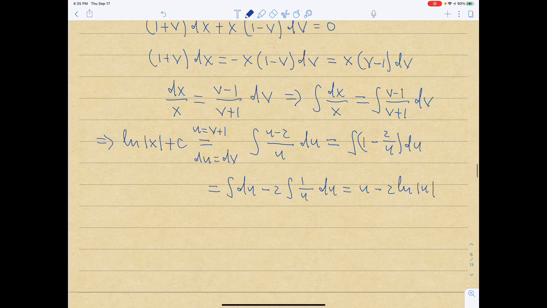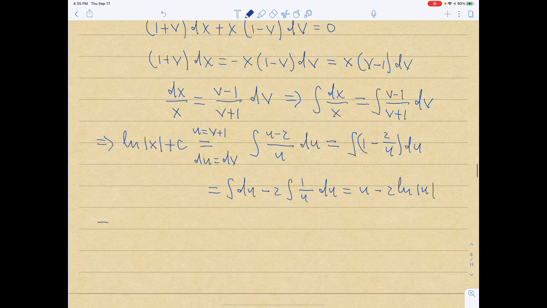And so what we got is that u minus 2 ln absolute value of u is ln absolute value of x plus c. Okay, now we remember what u was. u is v plus 1, right? That's the substitution that I made here. So I need to replace all u's by v plus 1.